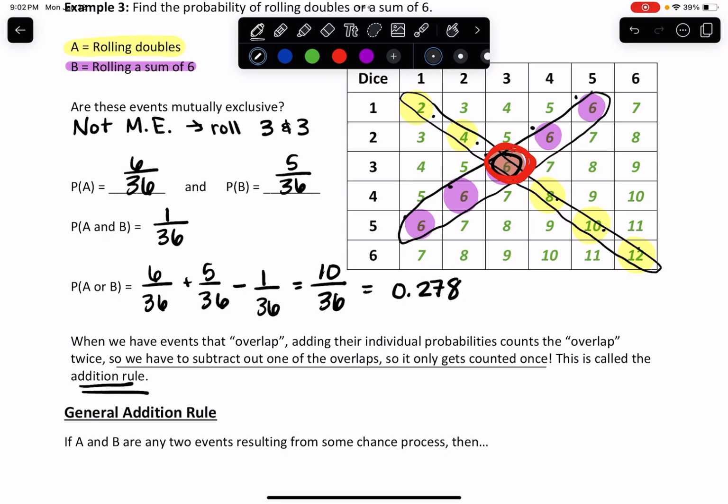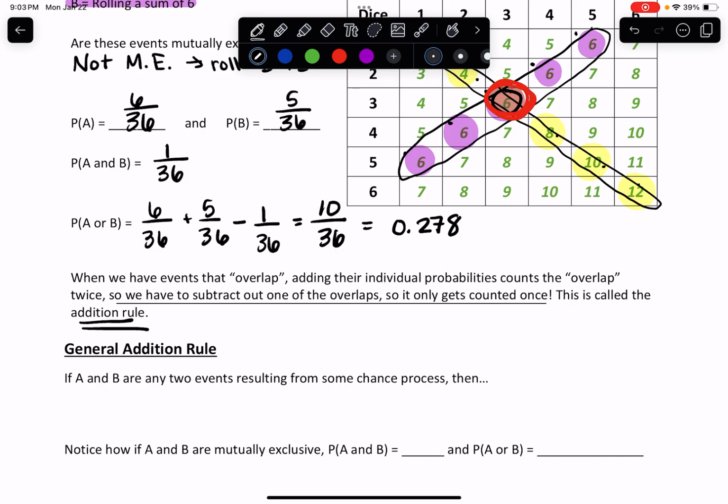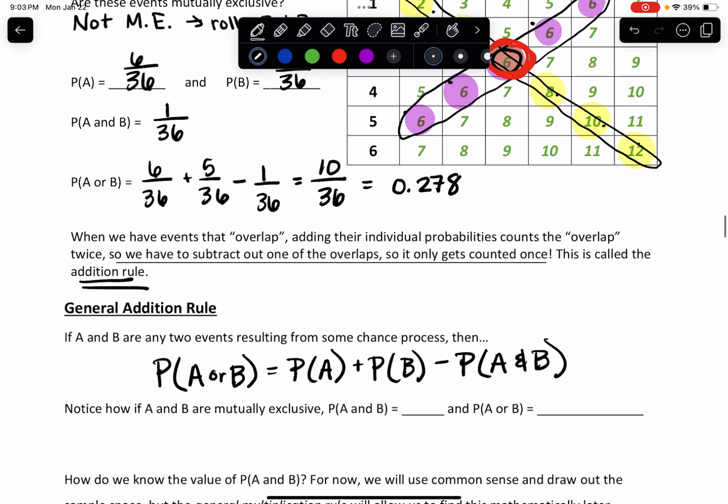This is our addition rule. So what we say is if A and B are any two events resulting from some chance process, then the probability of A or B happening equals the probability of A plus the probability of B minus the probability of A and B. Now, if A and B are mutually exclusive, then this probability of A and B equals 0.